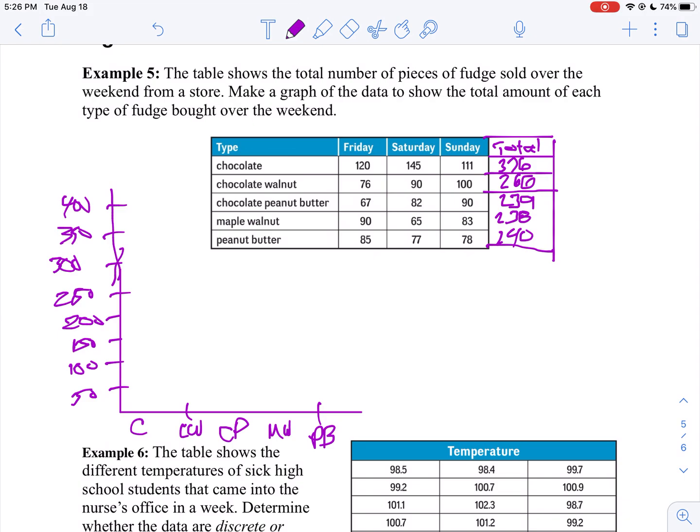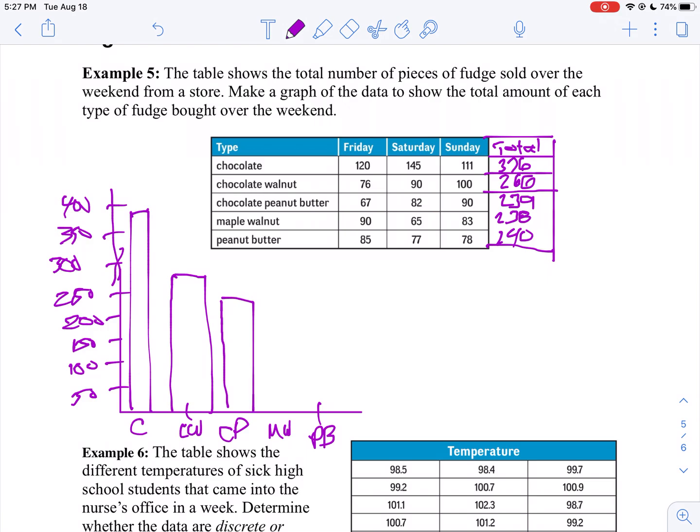So chocolate is 376. Chocolate walnut is 266. Chocolate peanut butter is 239. Maple walnut is 238. Those are practically the same height, aren't they? And peanut butter is 240. And there's your answer, the process of making that graph.